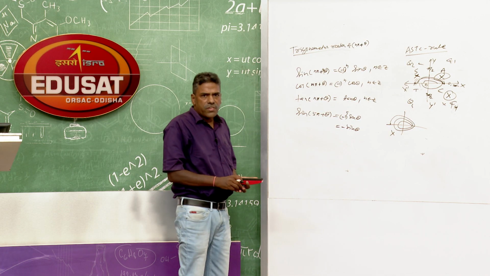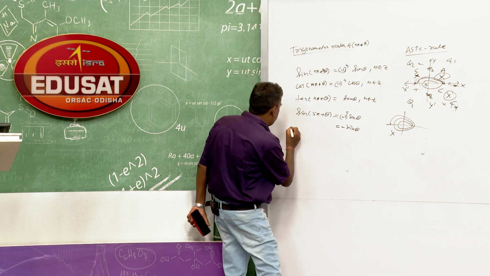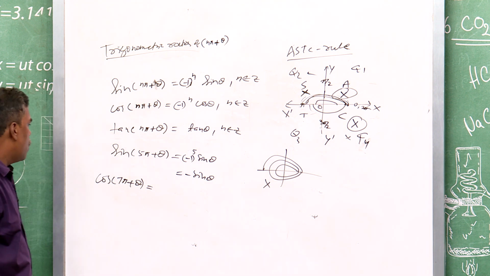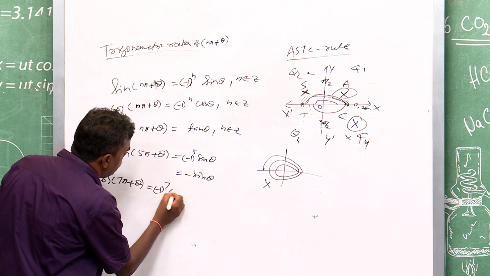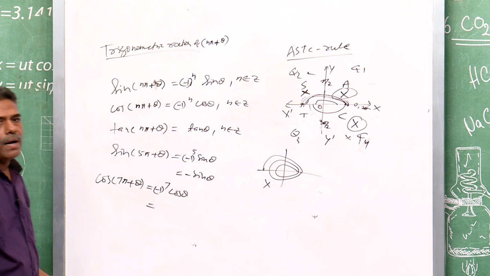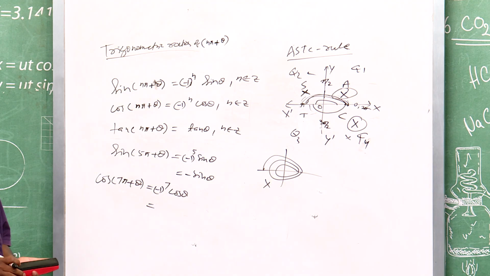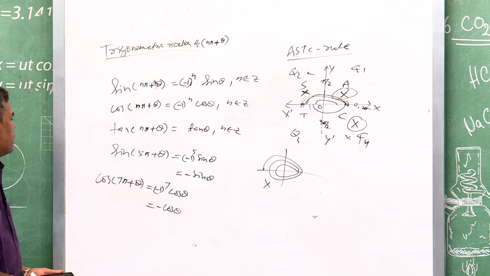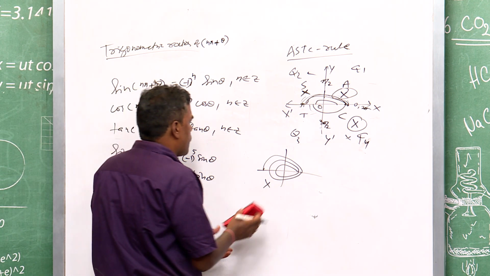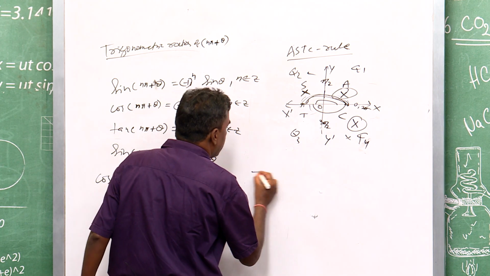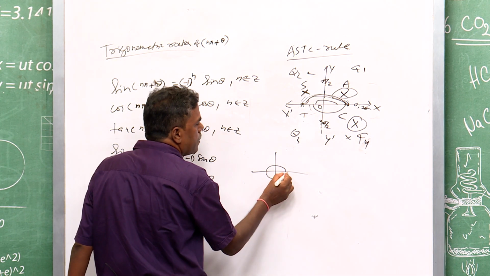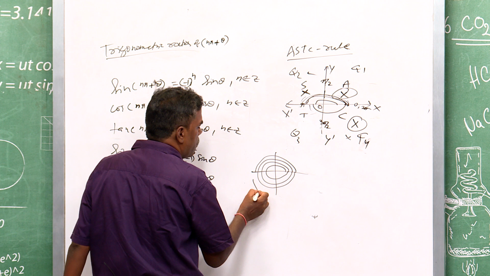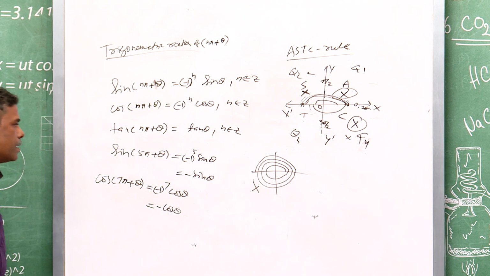Then cos(7π + θ) is equal to (−1)^7 cos θ. (−1)^7 is −1, into cos θ, that is −cos θ. You see 7π + θ means 2π, then 4π, then 6π, then 7π + θ is here, in the third quadrant.